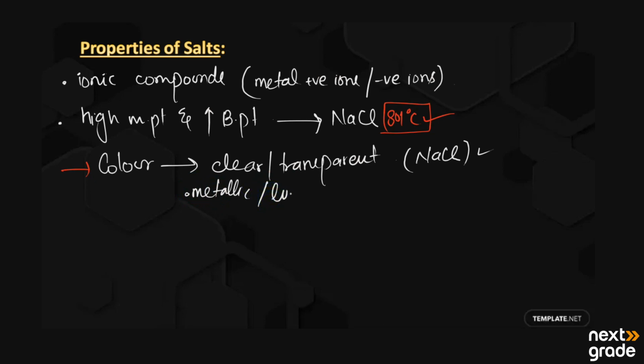Lustrous means they show a shiny surface. Okay, and some may have color. So some salts are clear, transparent, and some may have color.